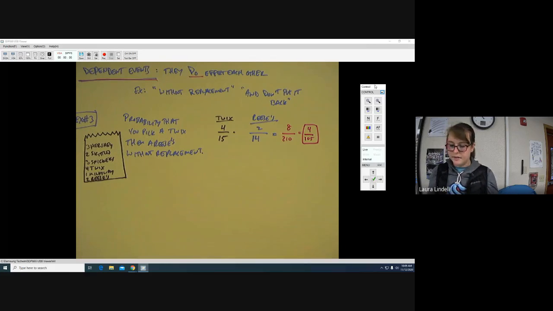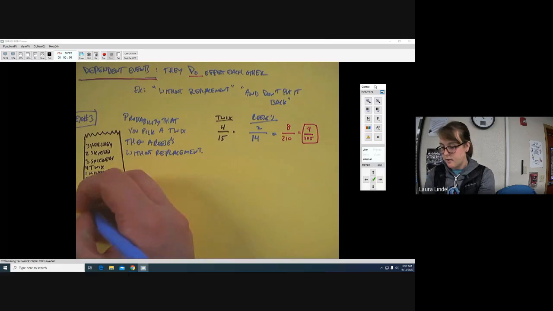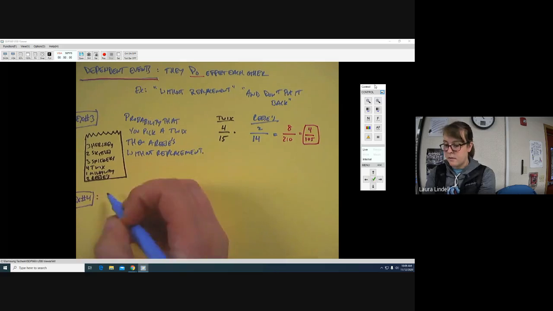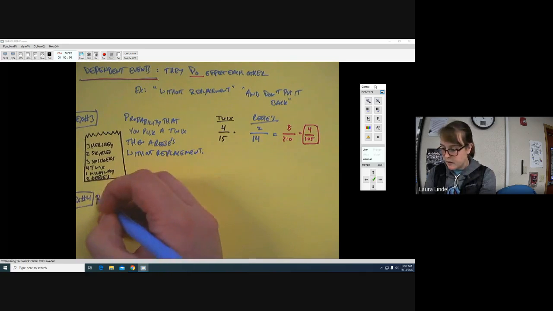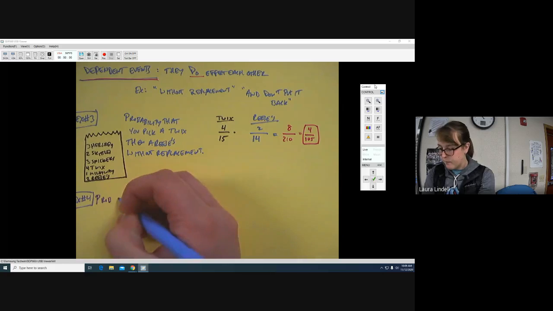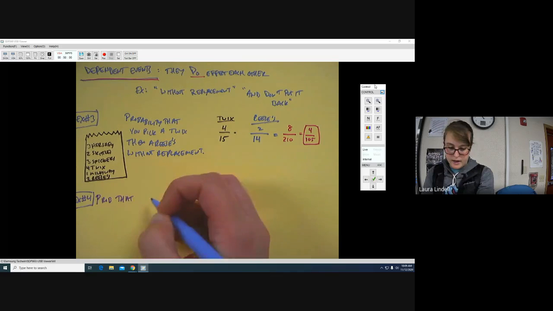All right, last example here, before we move on to specific context of the homework. Example number 4, we're going to use that same bag of candy, but this time we want probability that we pick 2 Hershey's and then a Snickers.